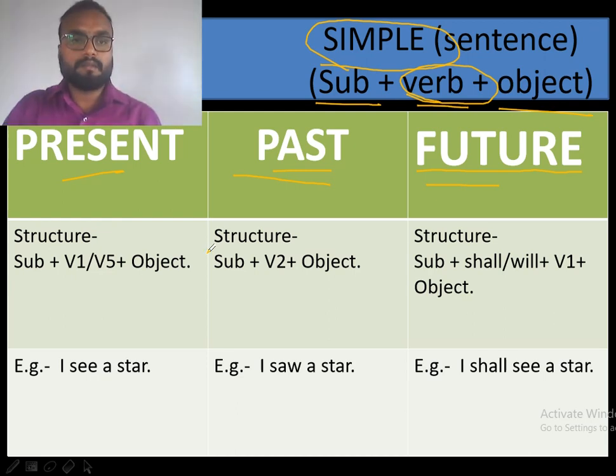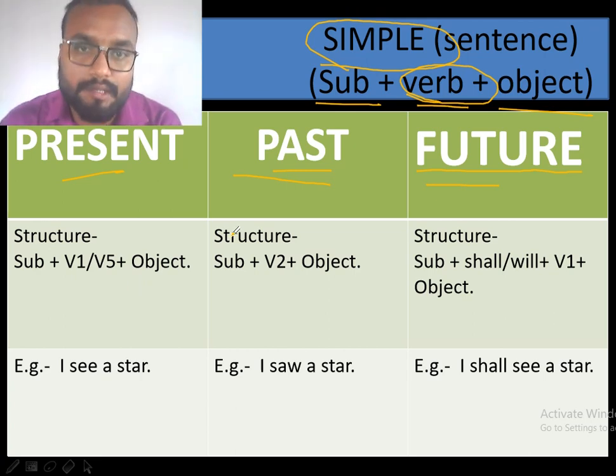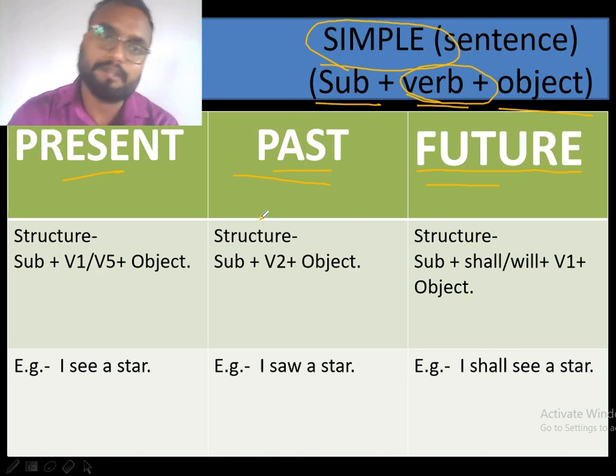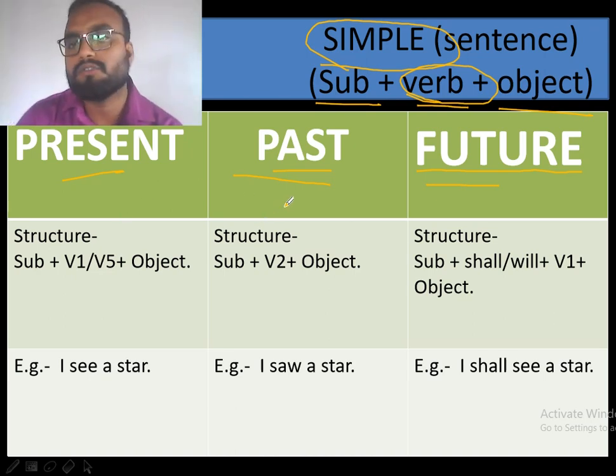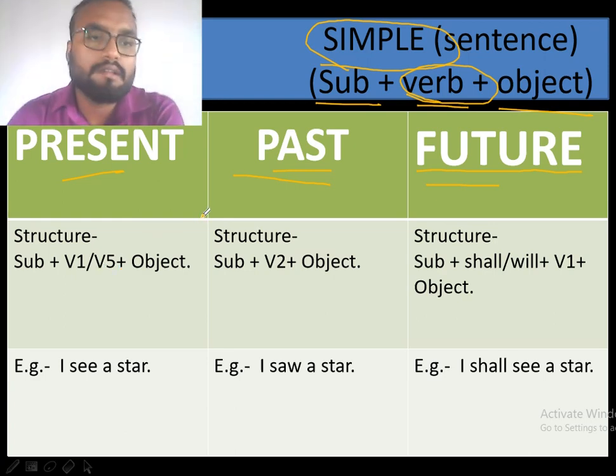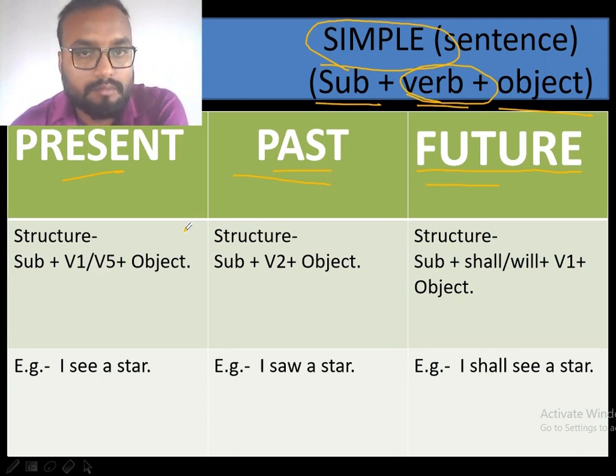So whether the action is complete or incomplete, that is not given in simple tense, whether it is a case of present, past or future. It will just give you an idea that the sentence is in simple form and whether that action has taken place in present, past or future.